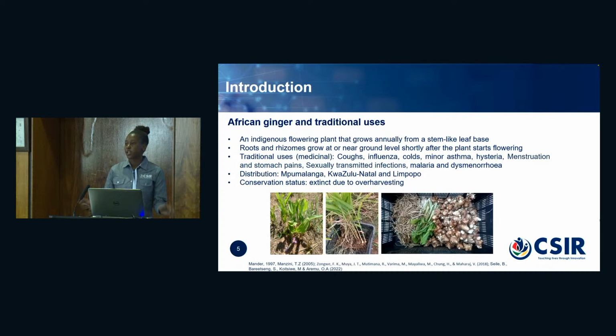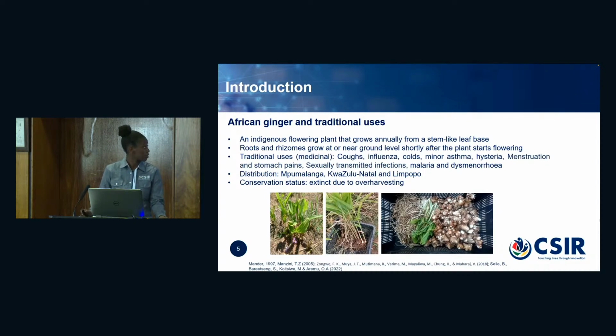So, a little bit of an introduction to African ginger. African ginger is an indigenous, wild-growing, flowering plant that grows annually from a stem-like leaf base. Its roots and rhizomes grow at near ground level shortly after the plant has started flowering.